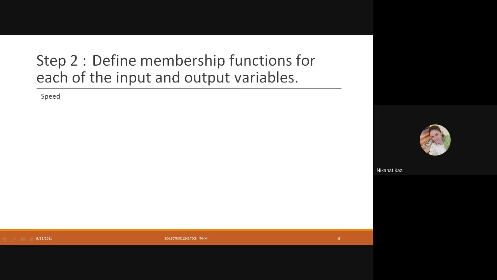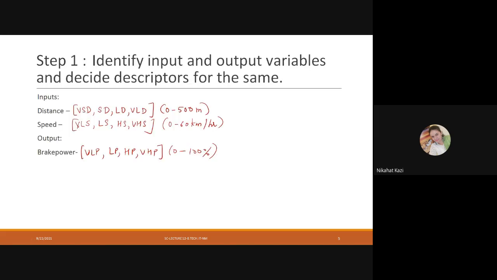As per whatever we have written, let us define the membership functions for speed, distance, and brake power one by one. Every input and output is having 4 descriptors each, so you'll have to break it up into 4 functions.